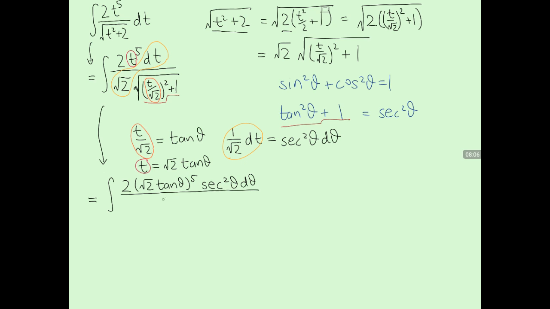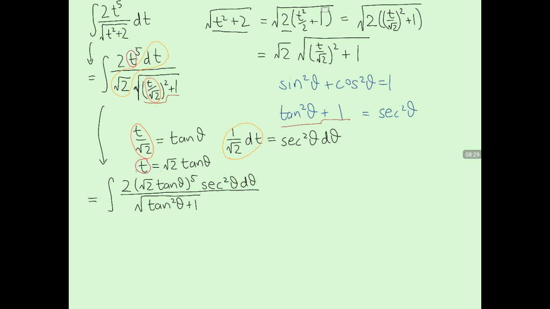So our radical in the denominator is going to be the square root of tan squared theta plus 1, because t over root 2 is going to be replaced by tan theta. So that was a lot to take in.